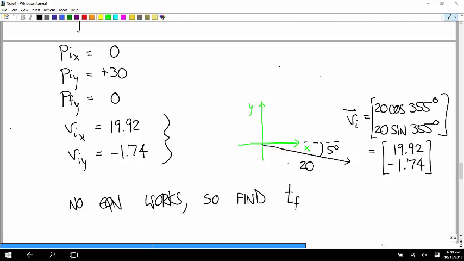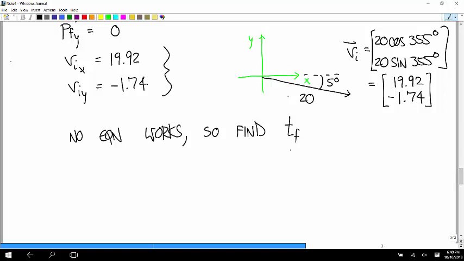All right, so is there an equation that has t final in it and everything else is known? I think the one that works is pfy is equal to piy plus viy tf plus 1/2 ay tf squared.